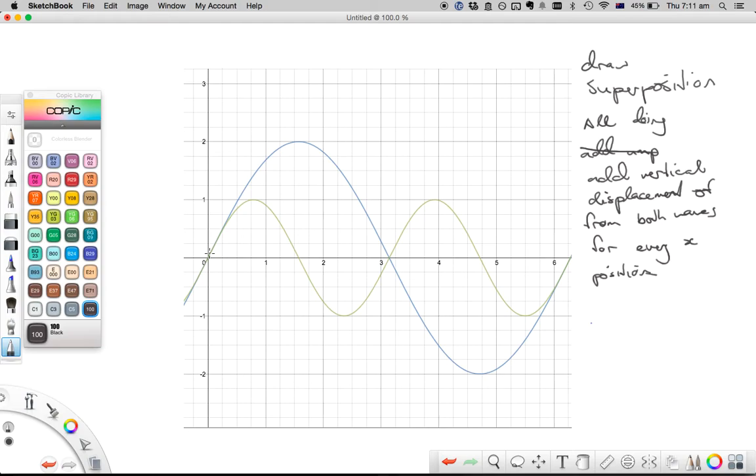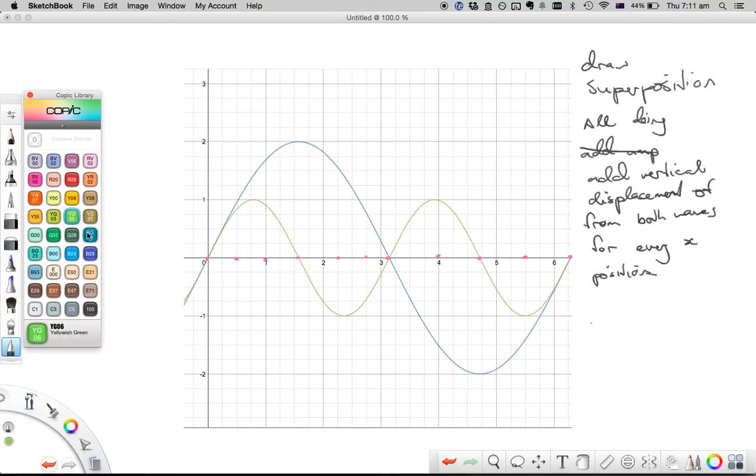So in this video, I'll look at adding the vertical displacement from both waves for this x position, for this x position, and so on, for each x position.